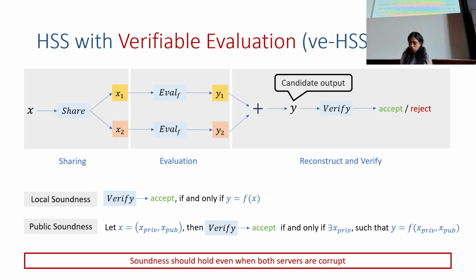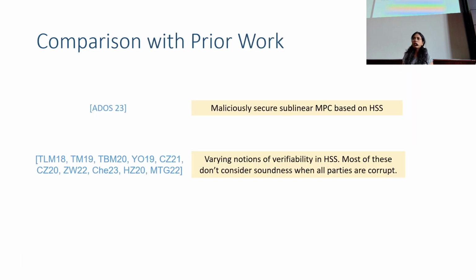Okay, so given this notion, let me now quickly talk about some existing works that are somewhat related to verifiability and homomorphic secret sharing. The first one is by Abram et al. This is the exception that I had pointed out in one of the earlier slides.